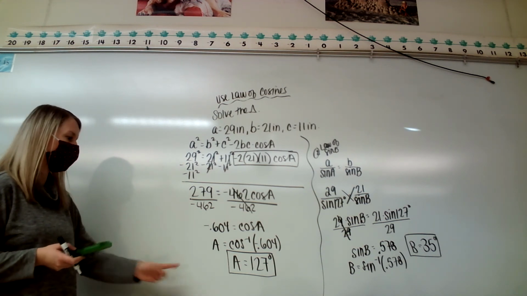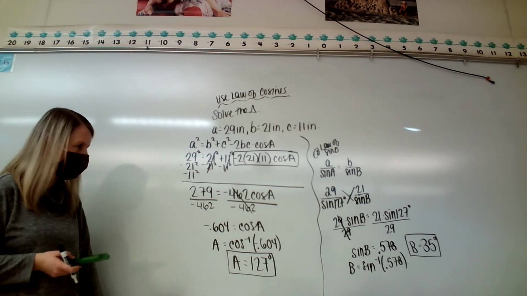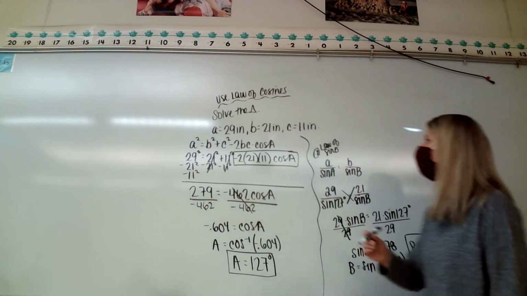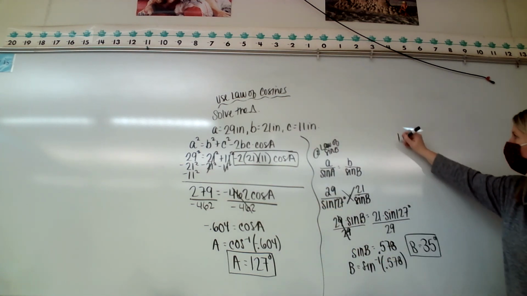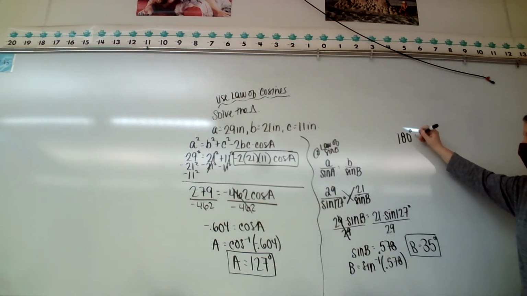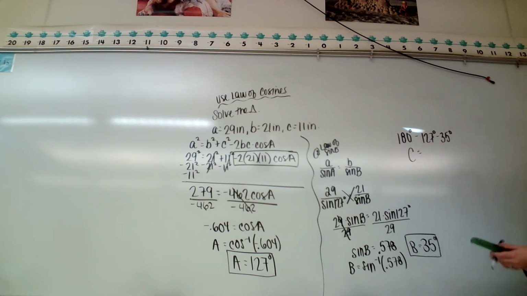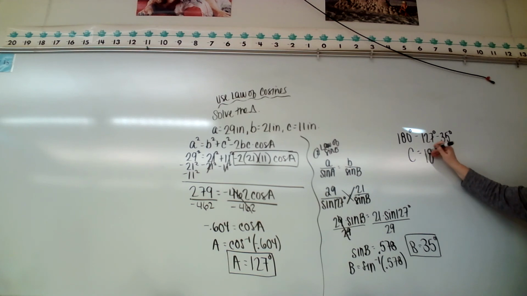It's just a preference thing. And then the nice thing is once you have two angles, you can find the third angle pretty easily just by subtracting the 2 from 180. So I can do 180 minus 127 minus 35. And that, my friends, will solve my triangle, which is 18 degrees.